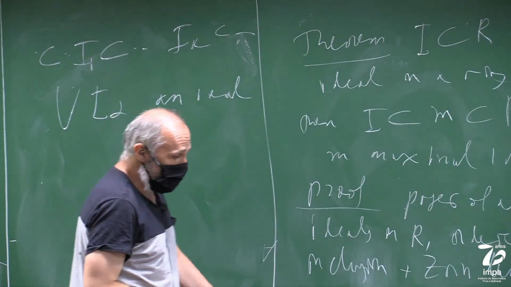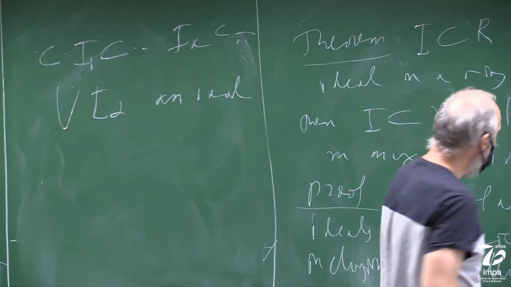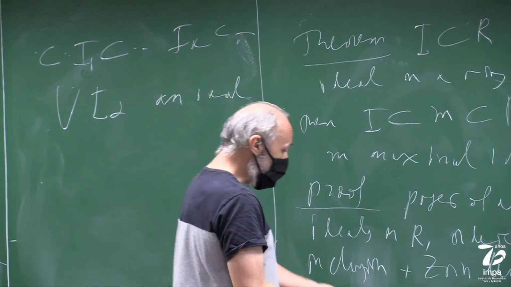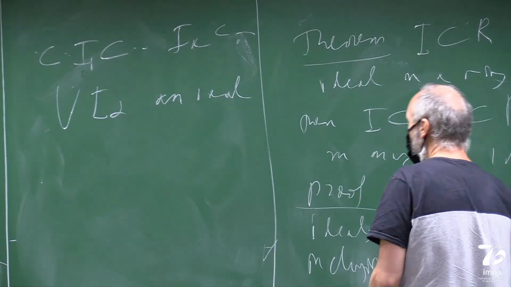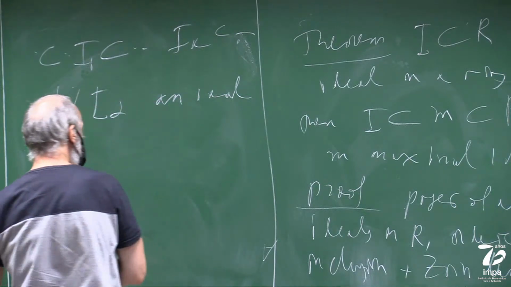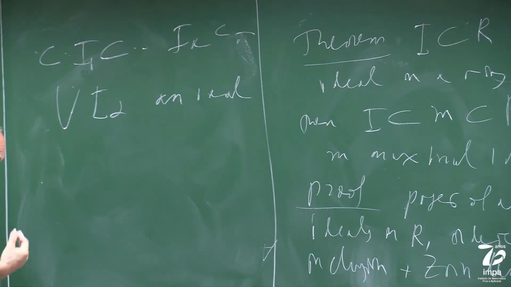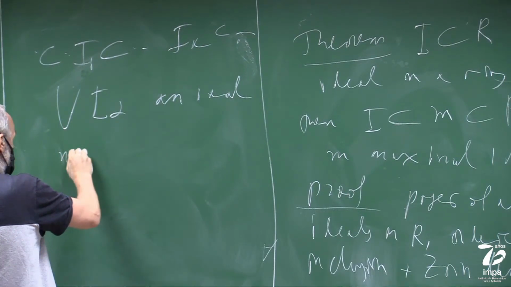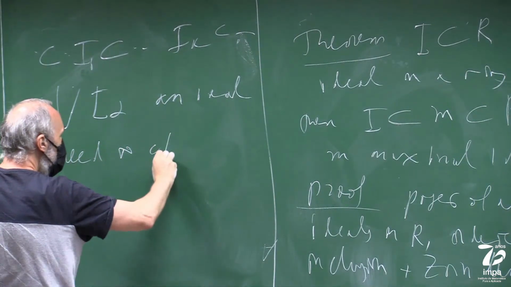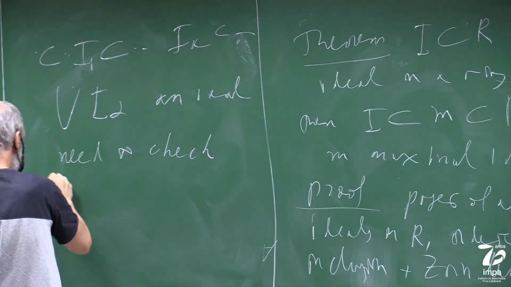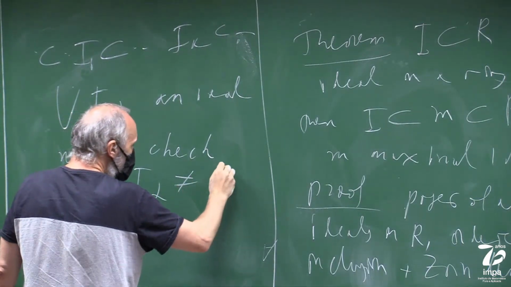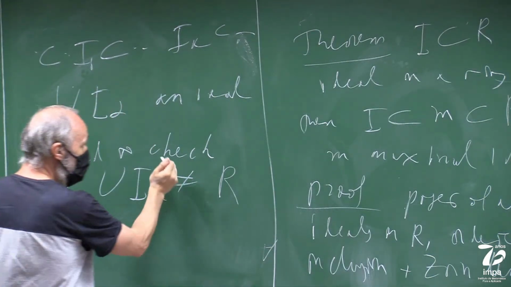Well, it's sort of clear that if you multiply an element of this by an element of the ring, or if you add two elements in that chain, you obtain an element of that chain. But what is slightly less trivial is that it is not everything. So we need to check that this union is not R, so it doesn't contain unity.